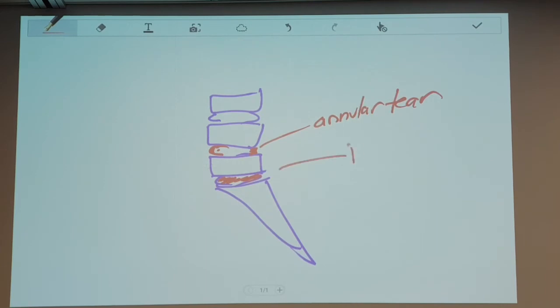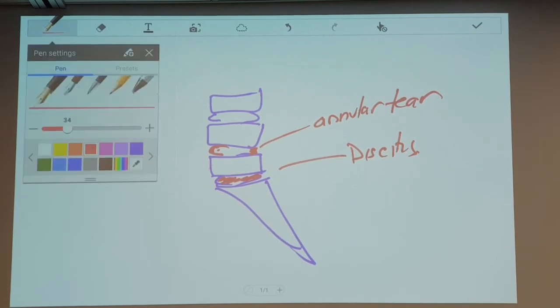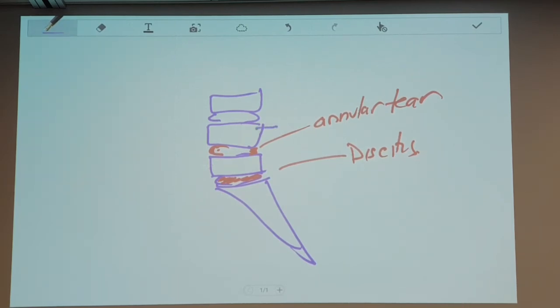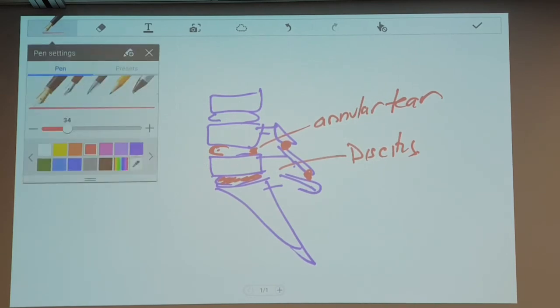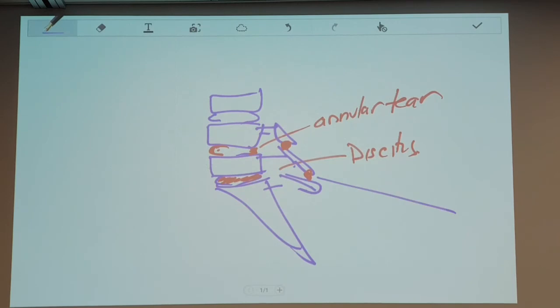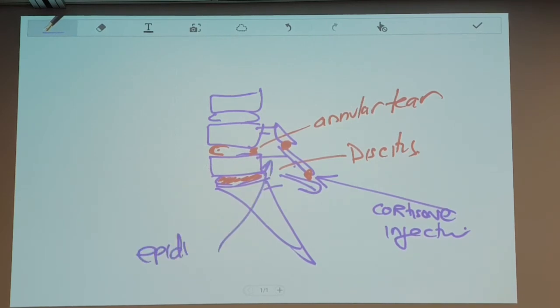Okay, we might recognize some discitis, and over here we might see some facet joint arthritis, and I'm sure many people have had cortisone injections applied into these structures. Okay, injections, and they may have had epidurals. Epidurals is very common.